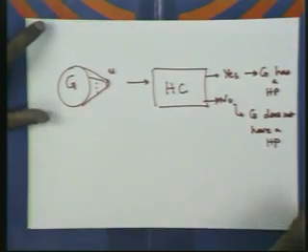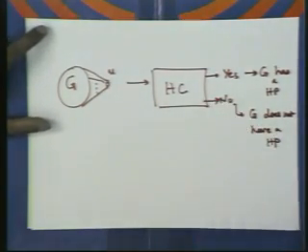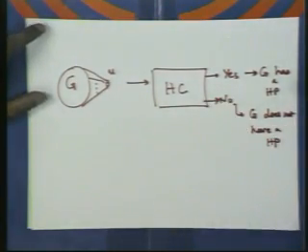So if HC says yes, then the output of the algorithm for HP will say yes. If HC says no, I'll say no. However, it's on this new graph. So, does this work? Well, it does work. We'll see why.